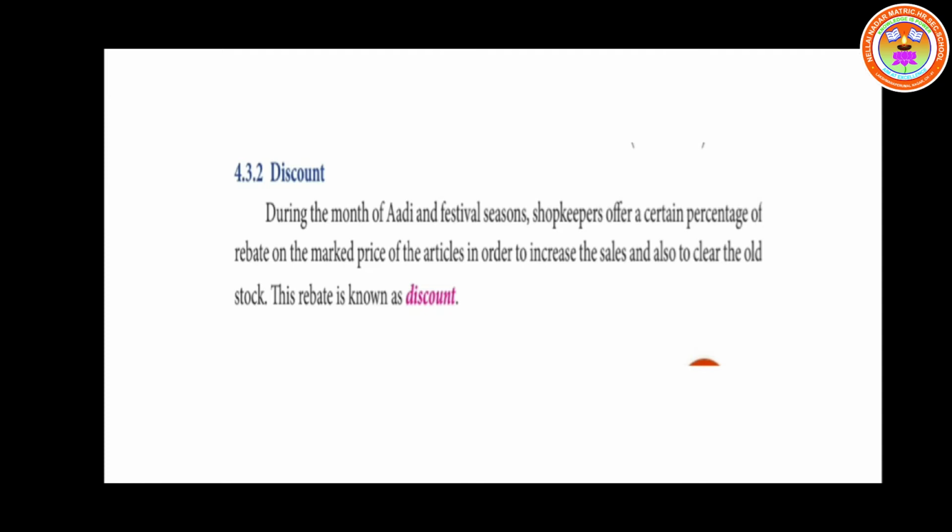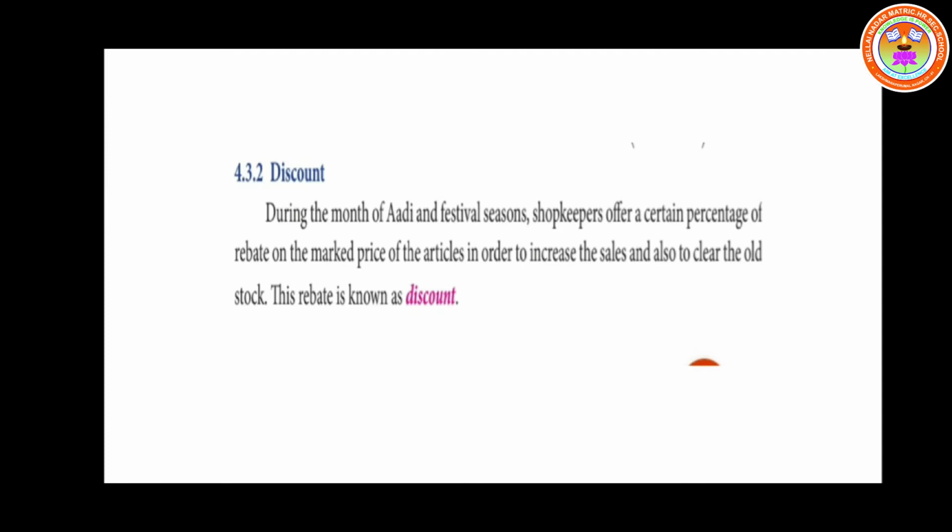During the month of Adi and festival season, shopkeepers offer a certain percentage of rebate. Rebate means a reduction in the price, on the market price of the article, in order to increase the sale and also to clear the old stock.